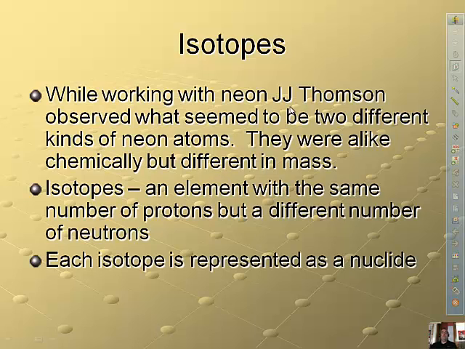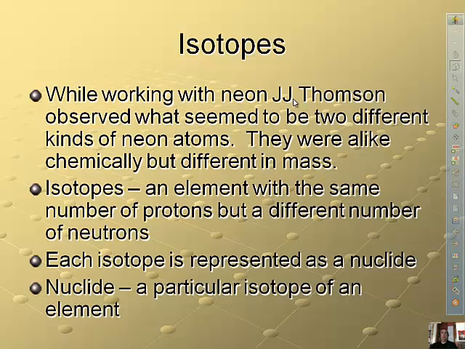Each isotope is represented as a nuclide. What is a nuclide? It is a particular isotope of an element. If we're talking about this isotope, it's going to have a certain nuclide notation. If we're talking about a different neon, it's going to have a different nuclide notation.